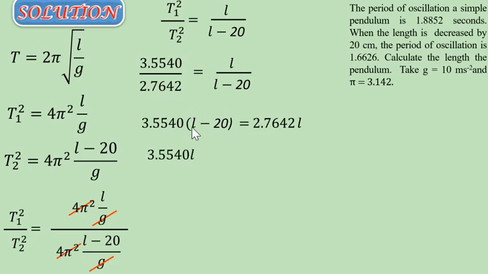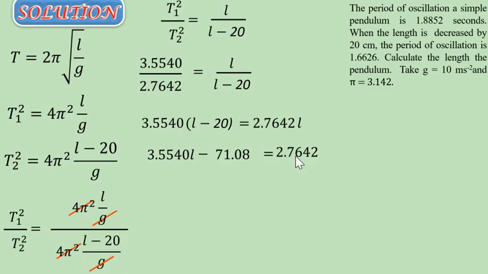That will give me 3.5540 L. Then use your calculator, 3.5540 times 20. If you have done it well, you get 71.08, which will be equal to the right-hand side.